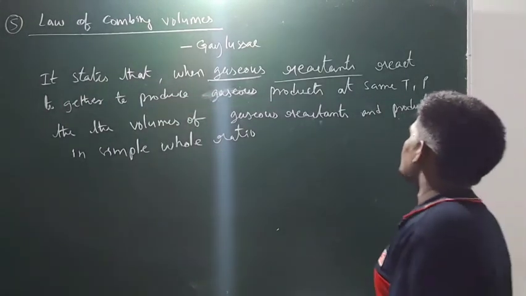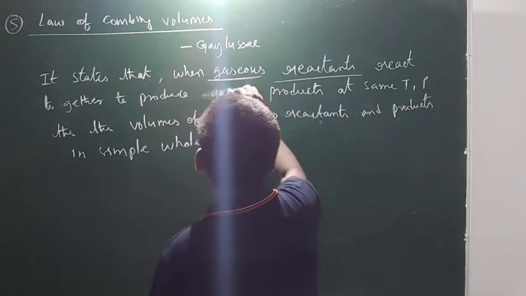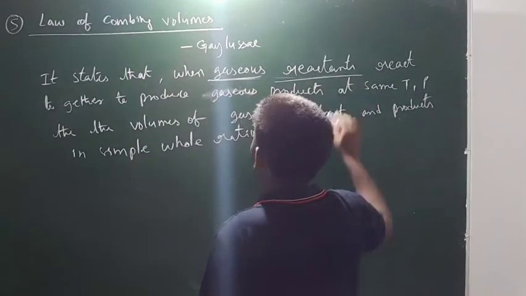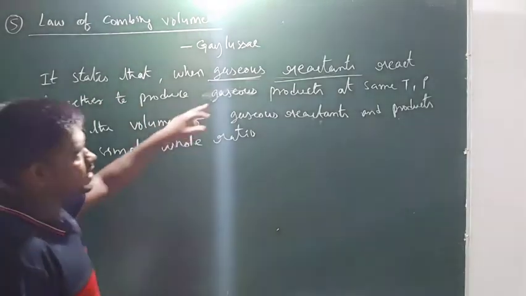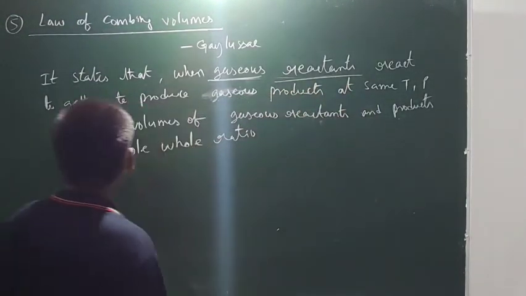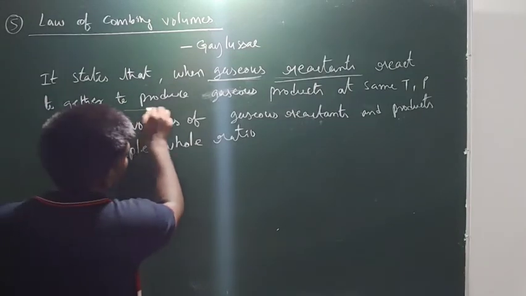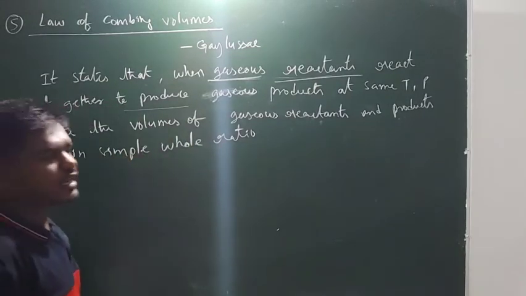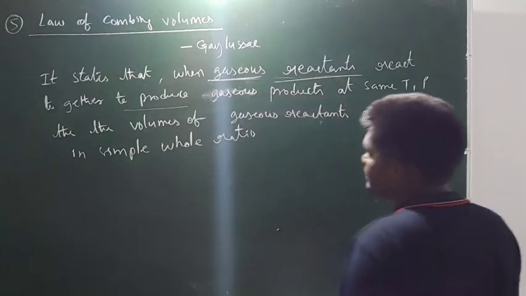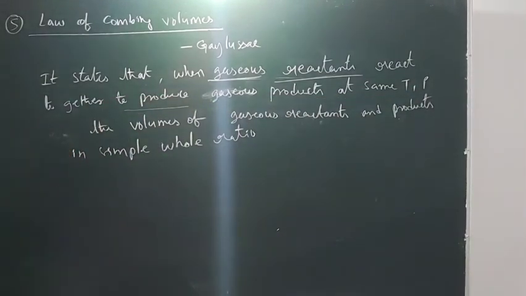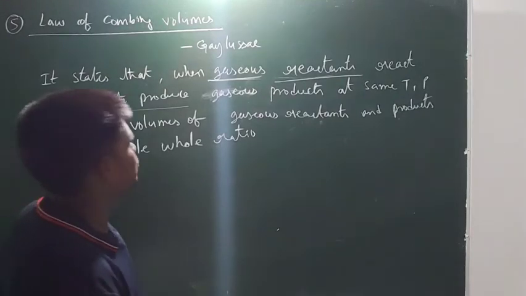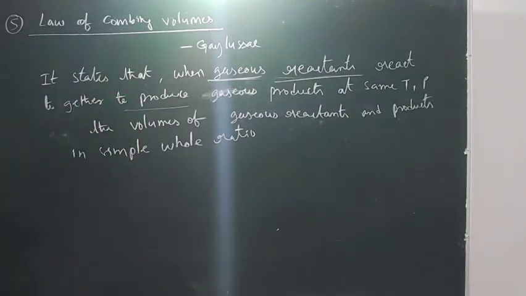Okay. So here, when gaseous reactants react together to produce gaseous products at the same temperature and pressure, the volumes of gaseous reactants and products are in a simple whole ratio.